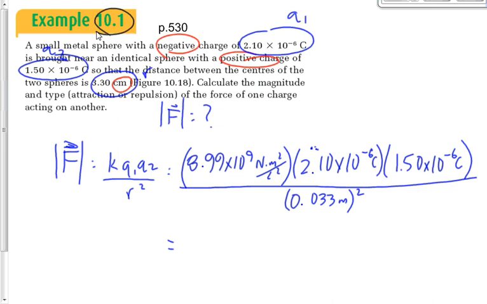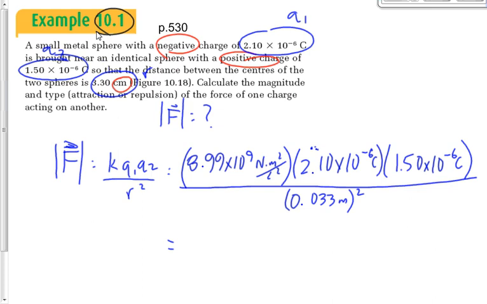So I don't want you to ever plug a negative for a charge into an equation. Ever. For any equation. This one or any of the other ones that we'll learn in the future that involve charge. Don't put the negative into the equation. Now, why did I bother circling it if you're never going to put it into the equation? Well, because sometimes it matters in the question, just not in the equation.